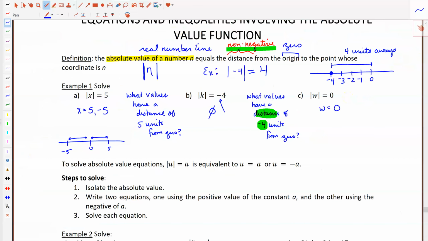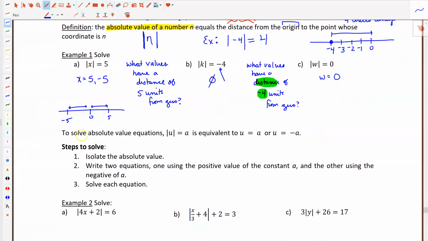In general then, to solve absolute value equations, the absolute value of u is equal to a. This is how the equation will be presented to us. This is equivalent to u is equal to a or u is equal to negative a. So we have these 2 cases that we'll be able to solve.